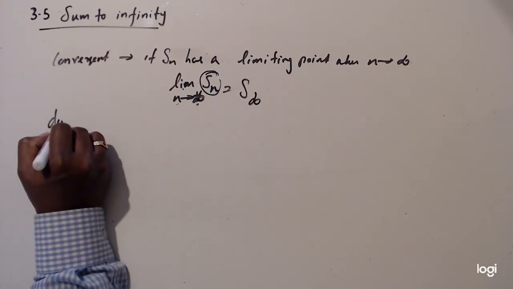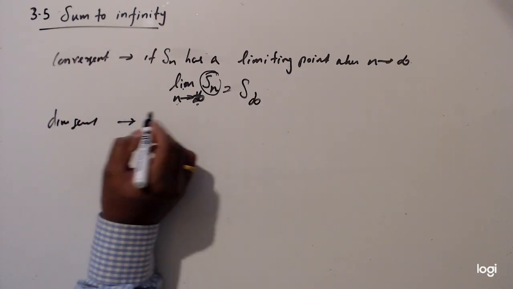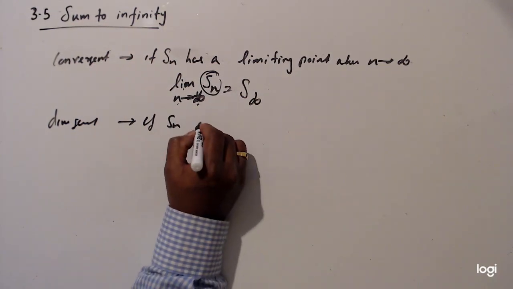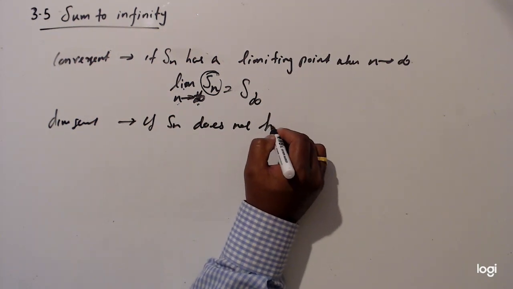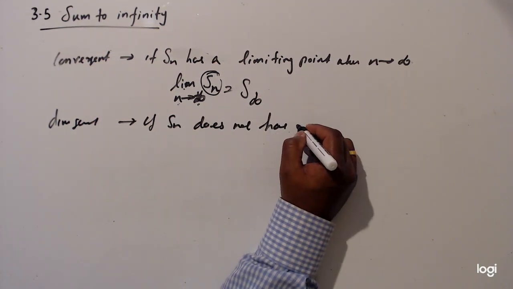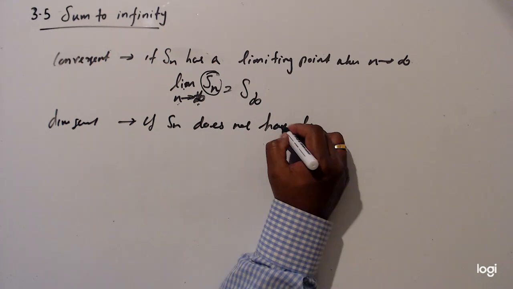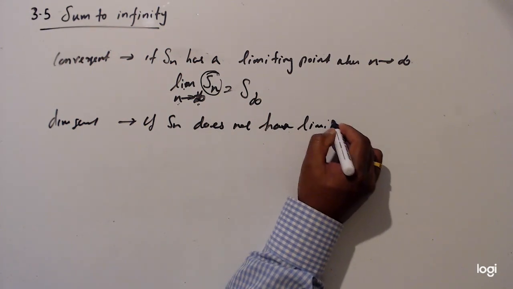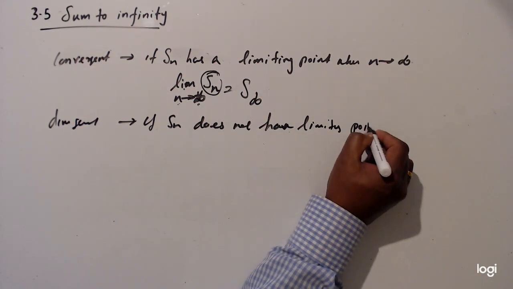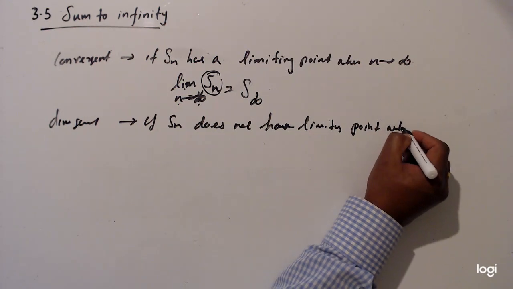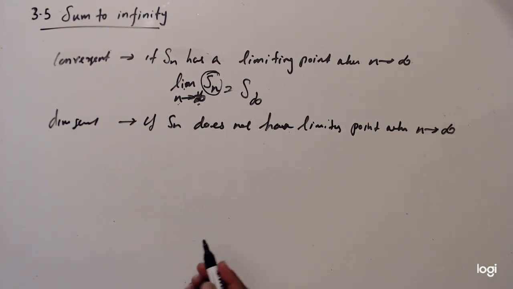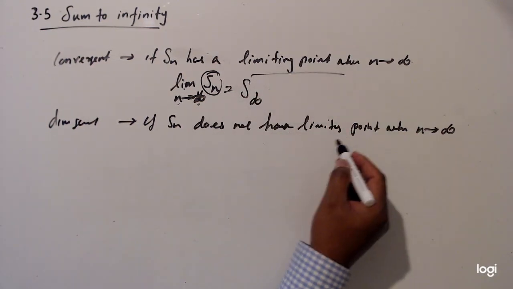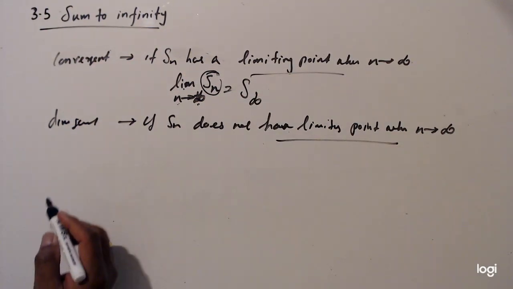And divergent means Sn does not have a limiting point when n goes to infinity. So you have no idea what the limiting point is, which I am going to discuss.